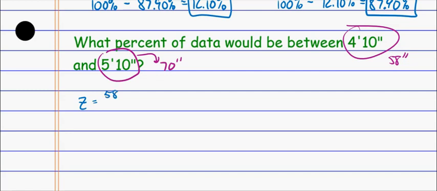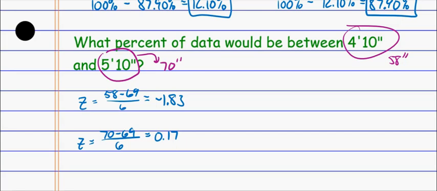So data value minus the mean divided by the standard deviation. For this one, also data value minus the mean divided by the standard deviation. So here I get a negative 1.83. Here I get a 0.17. And now from here, I'm just going to go ahead and look these up on my z-chart.